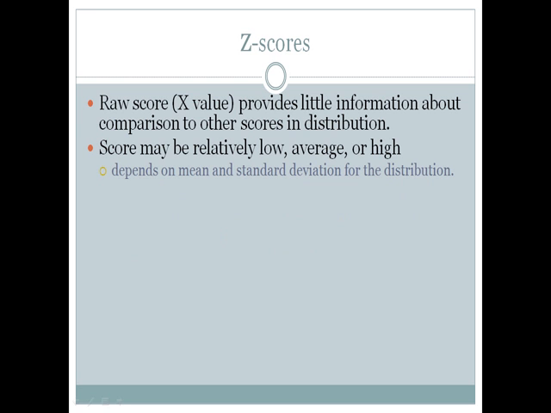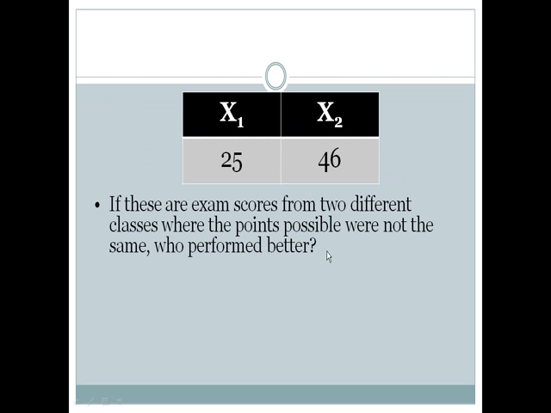Just given that information, there's no way to tell. If you're given a z-score, however, you know something. A z-score of positive 2 on an exam was on the high end of scores for the exam. A z-score of negative 3 means that that person scored particularly low compared to others in the class.